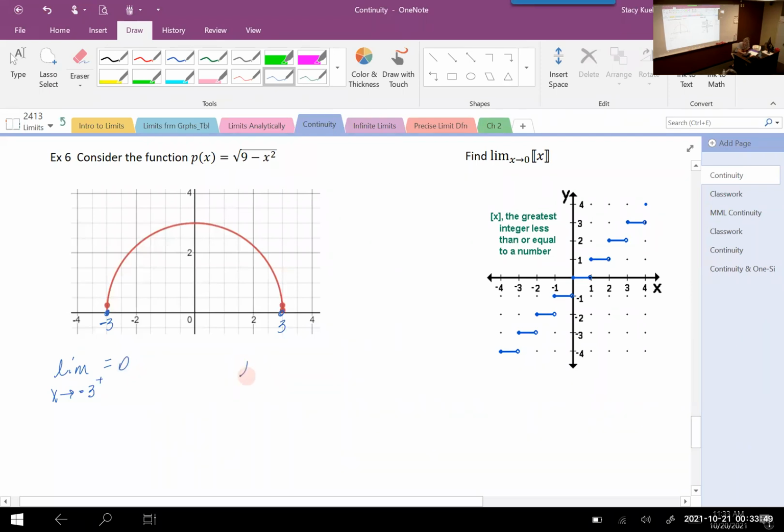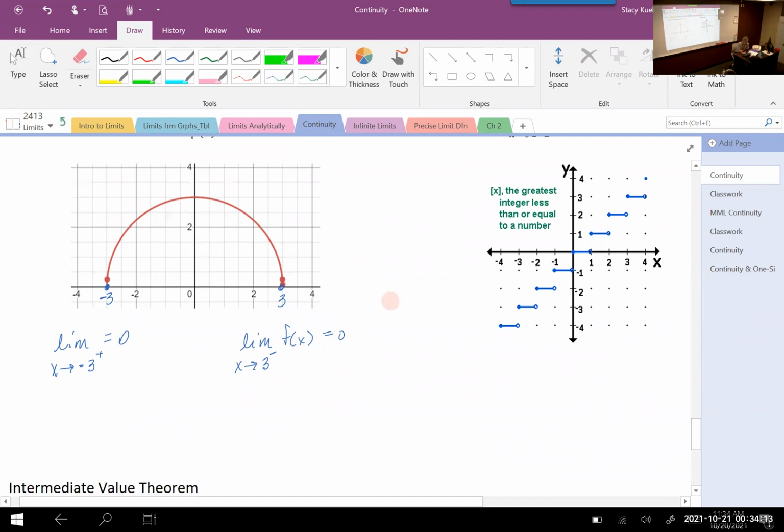Okay, let's talk about the limit as x approaches +3 from the left, from the negative side, and what do we have here? 0, okay? Because we're restricting what we're looking at, staying within these constrained bounds between -3 and +3, within the domain of the function, if the limit exists within that domain, then we can say the function is continuous.